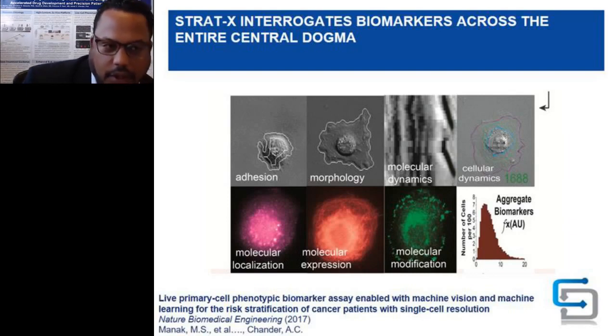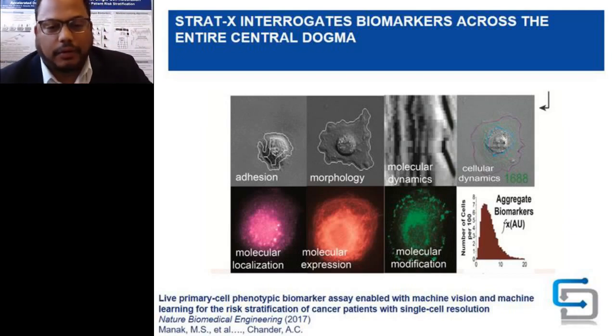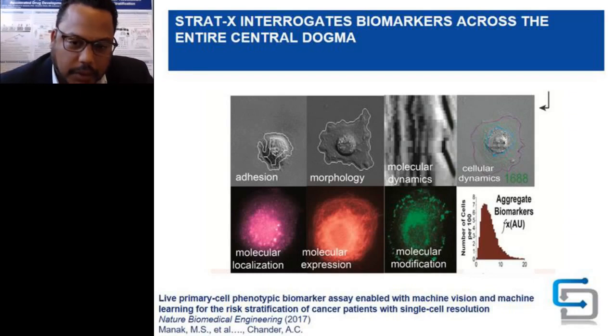And what's interesting, though, is that after all of these analyses are done, we're able to assess these biomarkers and create aggregate biomarkers, proprietary aggregate biomarkers that actually are pretty interesting and useful in terms of clinical predictions. And I'll get back to that a little later.